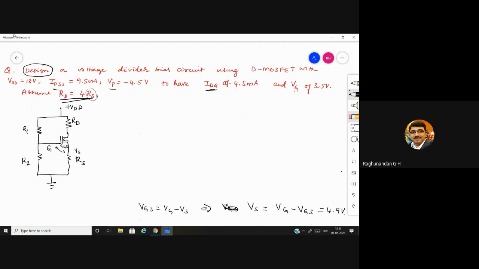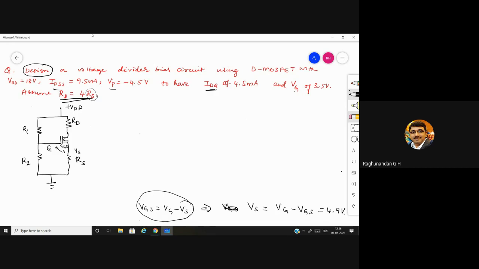How can we find it? By using this only, sir. Yes. Sir, I'm not sure, but VS is equal to IS into RS. So the voltage across RS, we know IS is approximately equal to ID. So we can find RS by that.